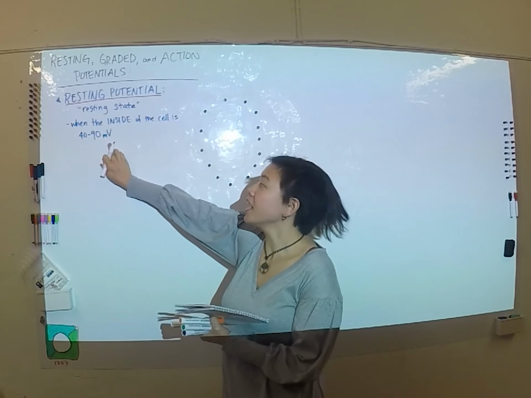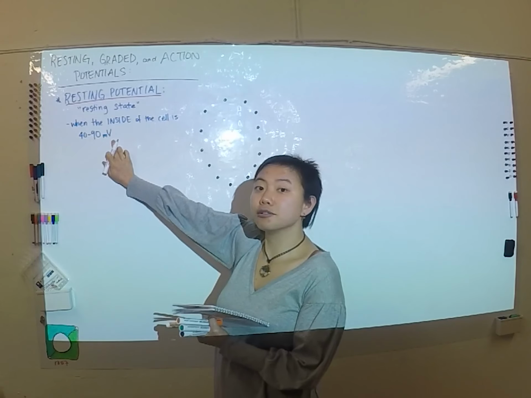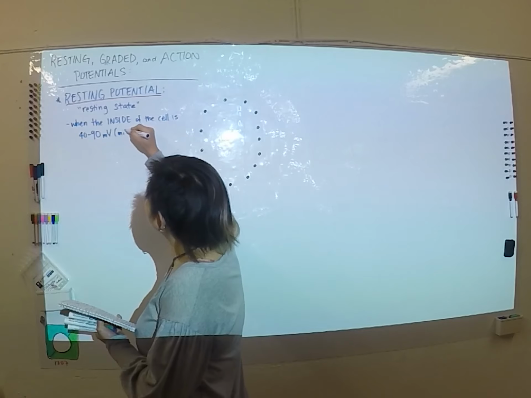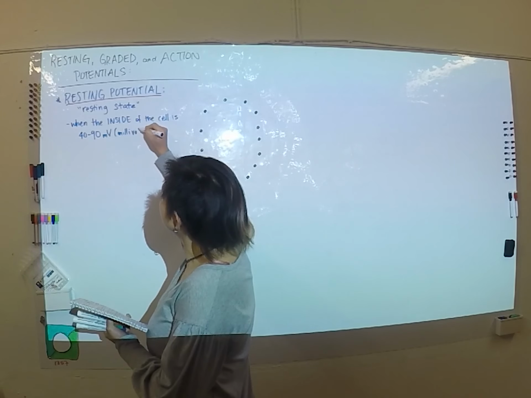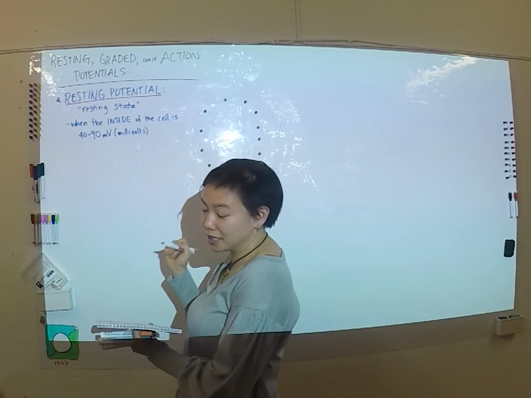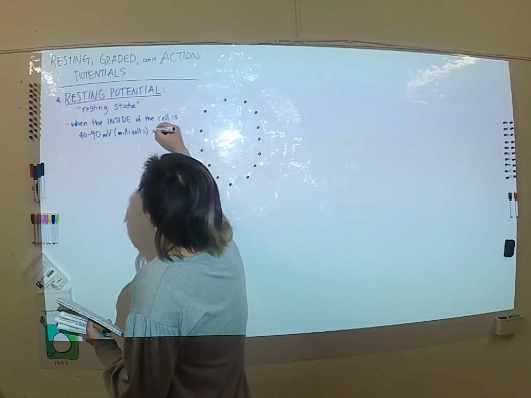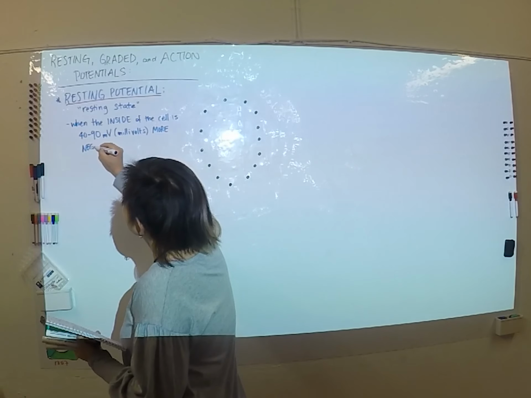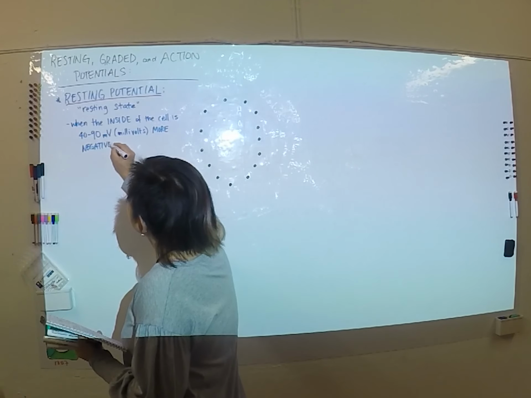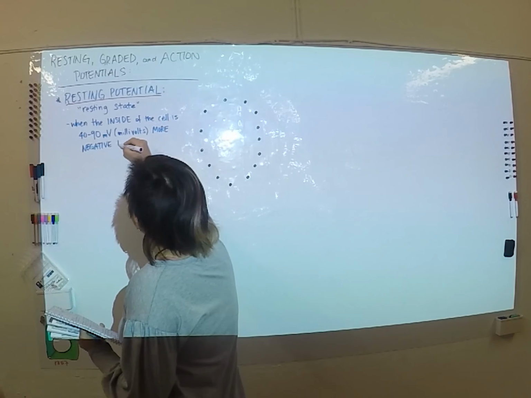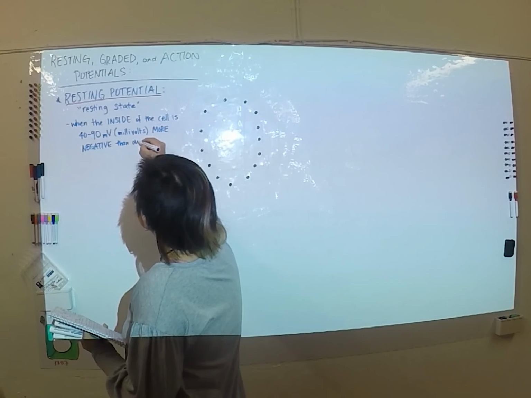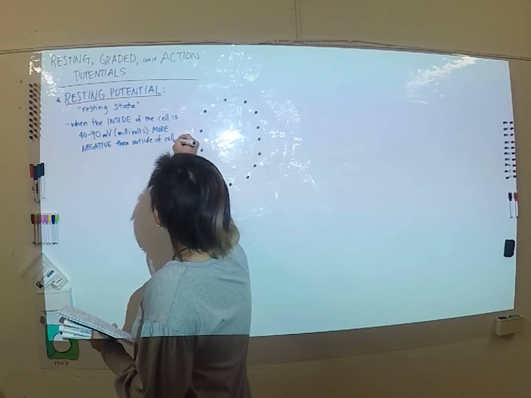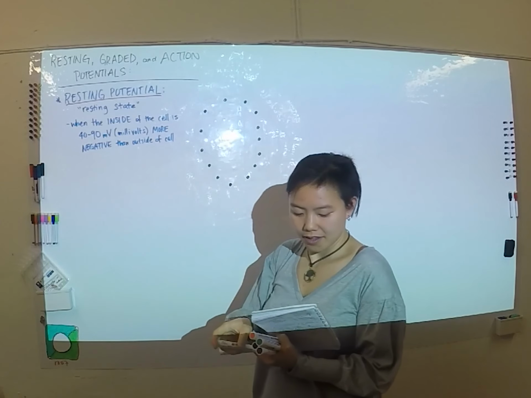This lower m and big V is an abbreviation for millivolts. And if I write it out, it's M-I-L-L-I-V-O-L-T-S. Millivolts, more negative than the outside of the cell. Okay? All right.